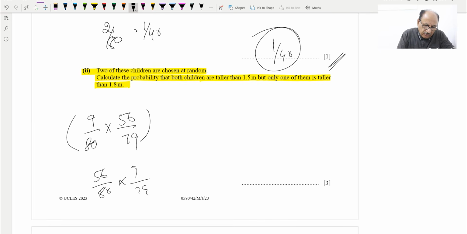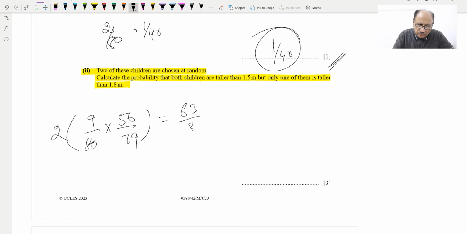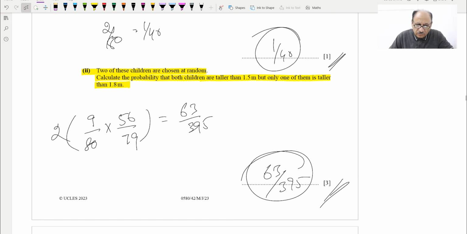So we will multiply this by 2, and this gives us 2 multiplied by 9 over 80 multiplied by 56 over 79, which is 63 over 395. So 63 over 395 will be our final answer for 3 marks.